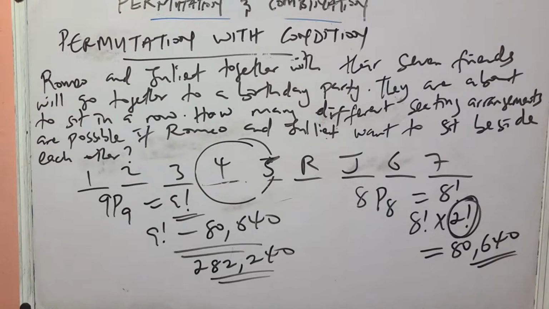Now, the last question for the night, you must not miss this one now. It's also on Romeo and Juliet. This is the one I expect. Now that I've said this, somebody's asking if there are more than 9 chairs. If there are more than 9 chairs, it doesn't really matter, because you are not arranging on the other chairs.